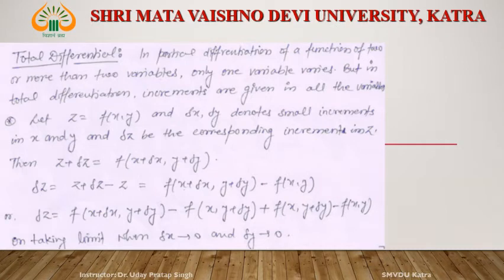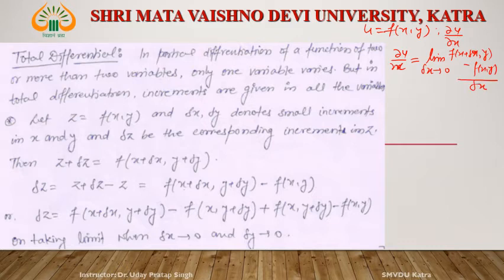Till now, whatever we have discussed, that is the partial derivative. Now, come to total differential. What is total differential? We have already discussed, if f is a function of two variables x, y, then what is the partial derivative? That is ∂u/∂x. What is the limiting definition of ∂u/∂x? The limit as Δx tends to 0 of f(x+Δx, y), treating y as constant, minus f(x,y), divided by Δx.